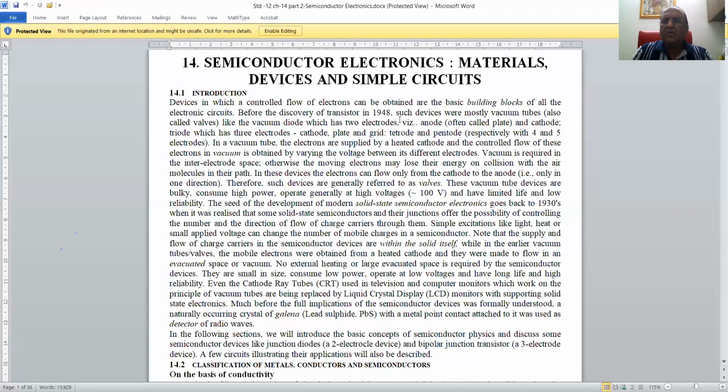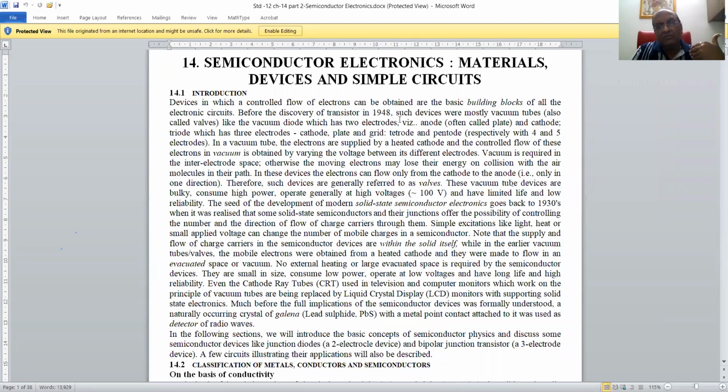But the drawback of this device was that it operated at high voltage and it was bulky, bigger in size, right? As well as very hard to handle because it is an evacuated glass tube, so we have to take care of it. Also, when we switch on the circuit, the cathode has to be heated and only then will it emit the electrons.